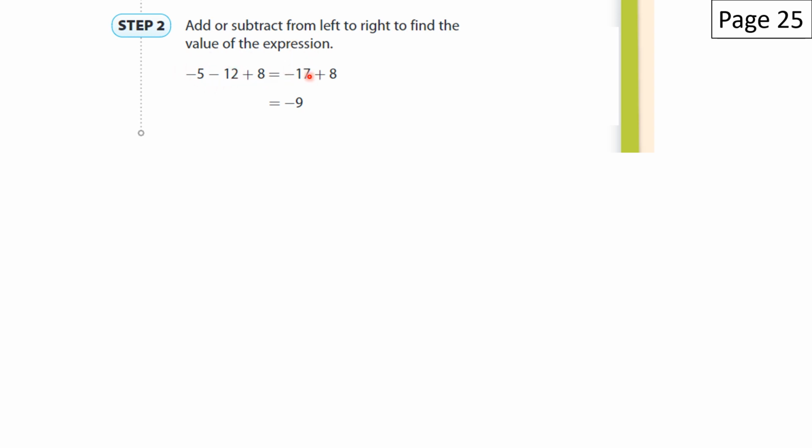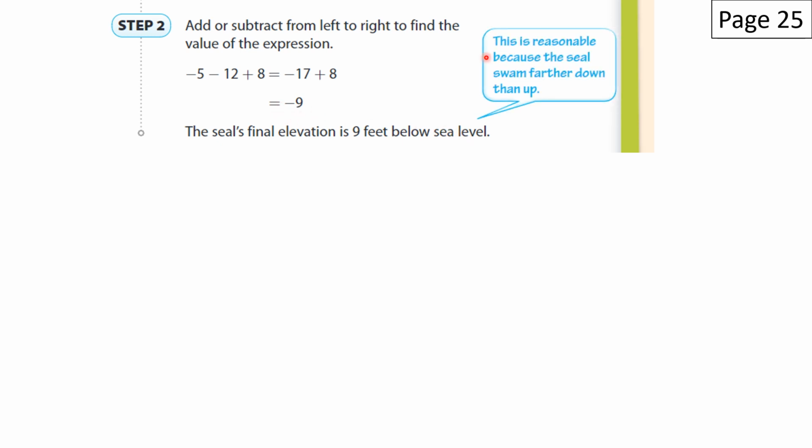And then they have the plus 8. And negative 17 plus 8 is negative 9. So that means it's 9 feet below sea level, because it's negative. And this is reasonable. It's always good to estimate your answer. So it's reasonable because you swim farther down than up.